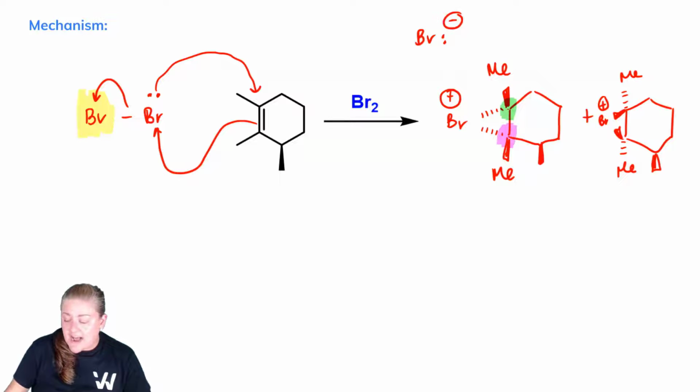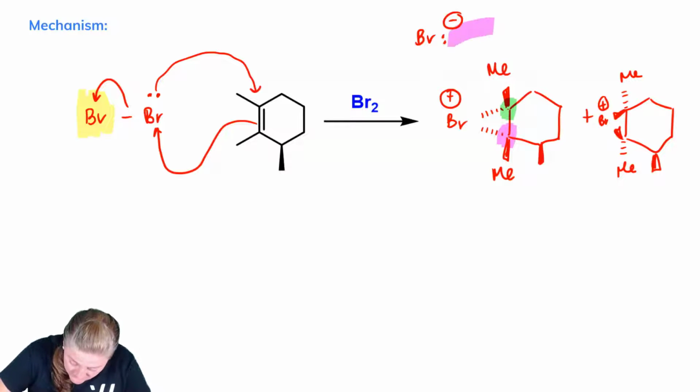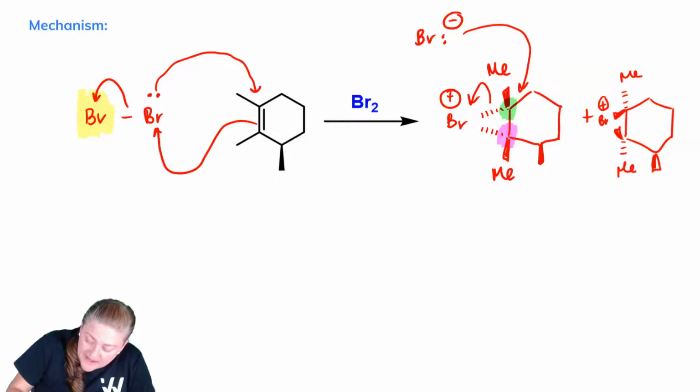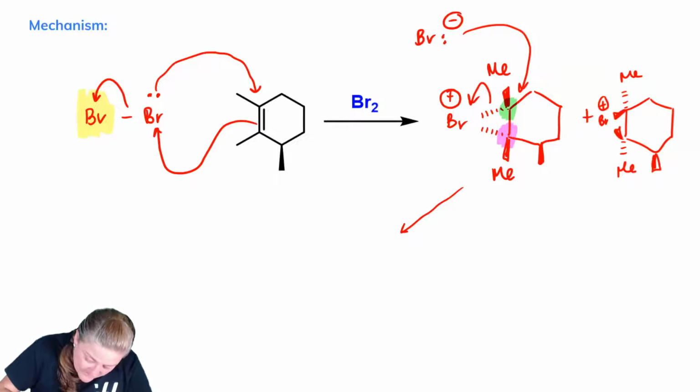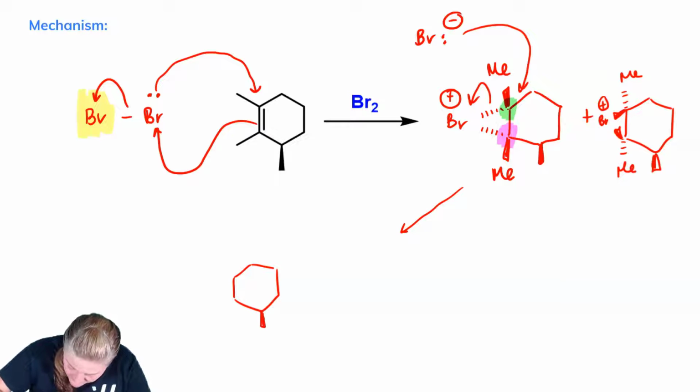We're going to draw attack at the green one first. So the bromine will come in and attack and open up this ring like so. And I'm going to draw the product of that reaction. Again, 6-membered ring. This methyl is just hanging out. Now I'm going to have the Br.